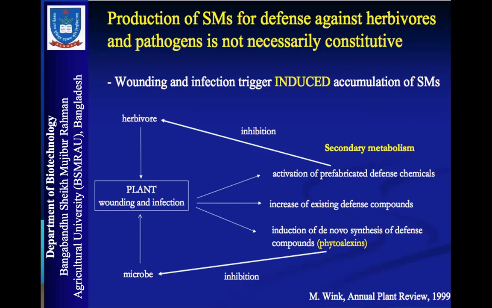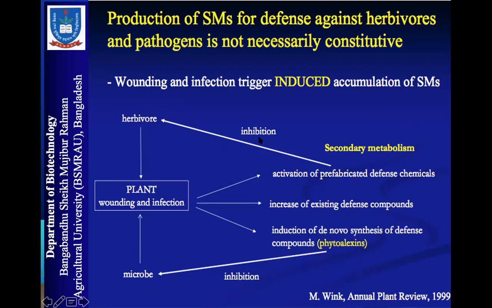They are called induced accumulation of secondary metabolites. Wounding can happen through herbivores or other mechanical injury, or infection can happen by different kinds of microbes. In that case, secondary metabolites are biosynthesized.